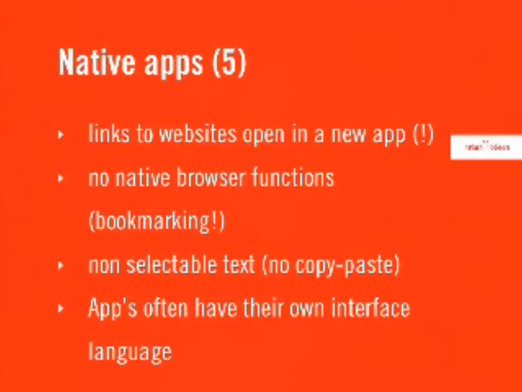Also, native browser functions like bookmarking, in apps you don't have that. If you're lucky, the app builder provided them, but that's not always the case. There are some issues with selectable text. It's not always possible in apps, so you cannot always copy paste some information you like to use somewhere else. And apps often have their own interface language.